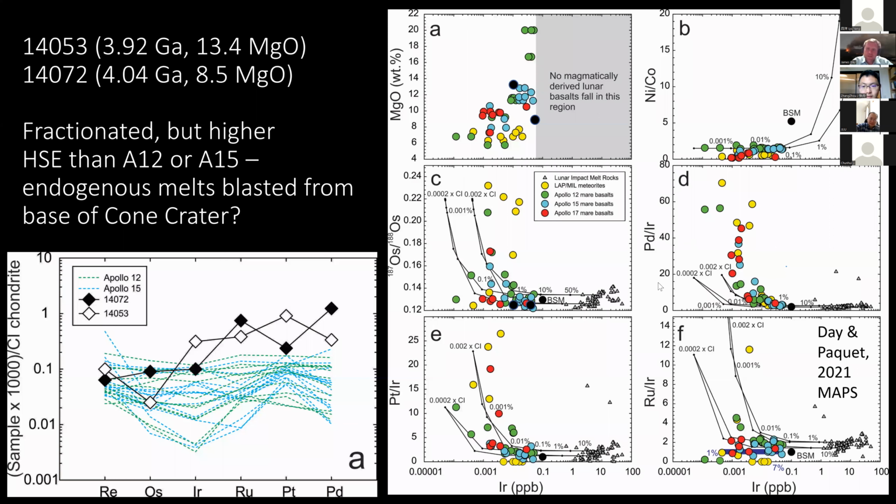The other thing is that when I redid Brennan's models and compared them with these different basaltic rocks from the different Mare basalt sites, it's also a struggle to fit these models with these data. And so this was my main argument against Brennan.